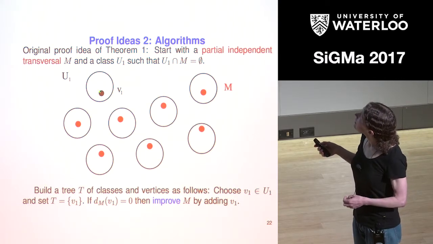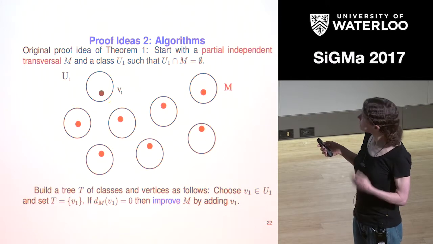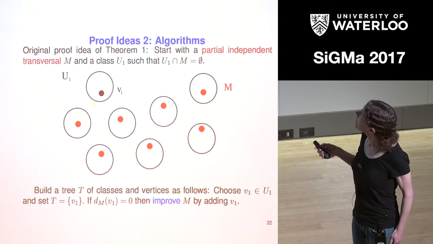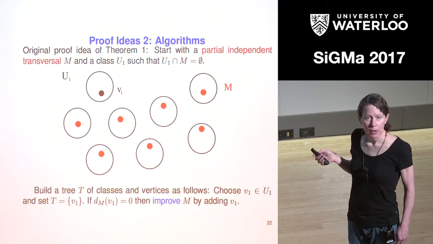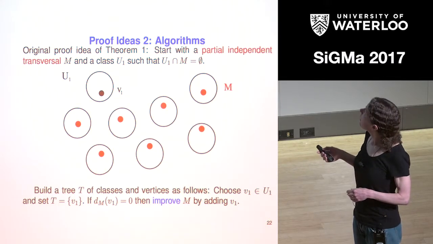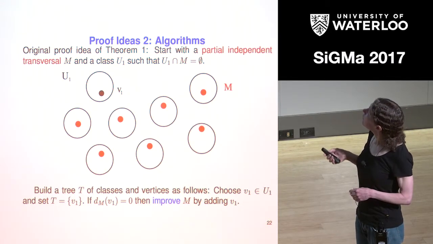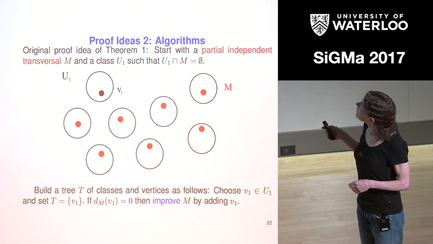And I take any vertex V1 in this class, and I ask, does this V1 have any neighbors in this M? If it doesn't, then I'll just put it in and I will improve my M. So that's what I do. So this is what it says here. I choose V1 in my class.